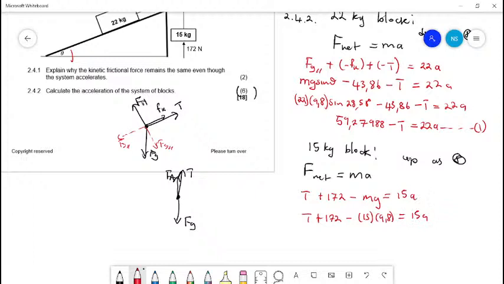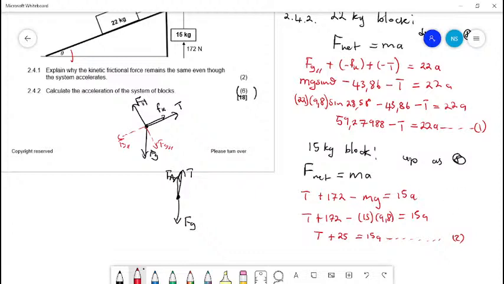And then 172 minus 15 times 9.8 will give us 25. So this is T plus 25 equals to 15A. So this becomes our equation 2.